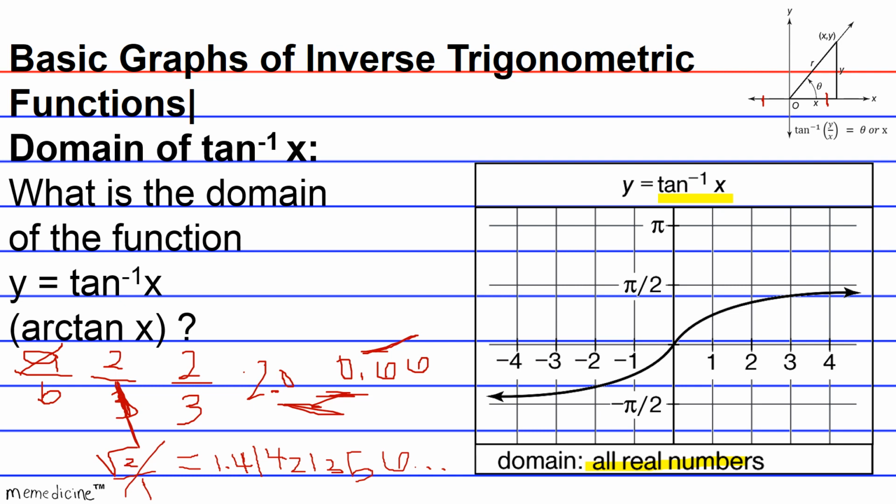When you try to express the square root of 2 as a decimal number, you're going to get something like 1.4142.